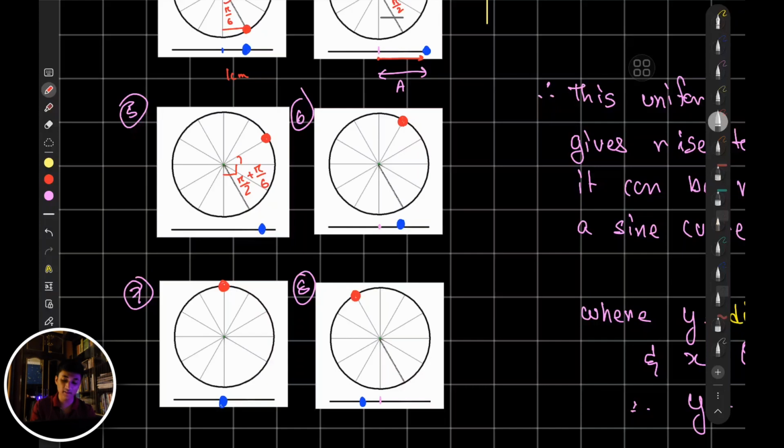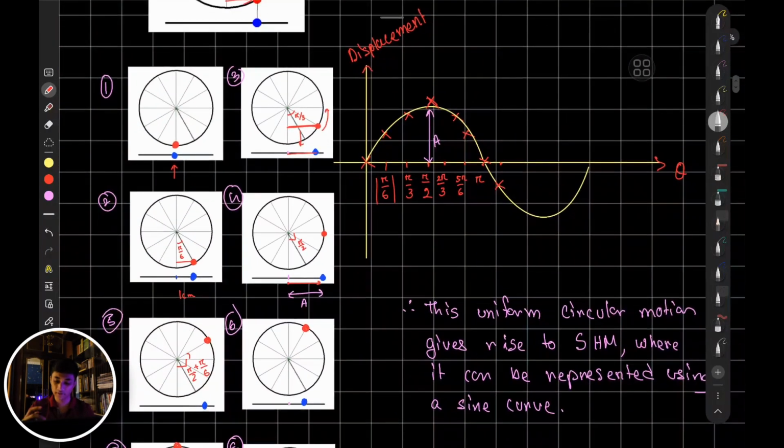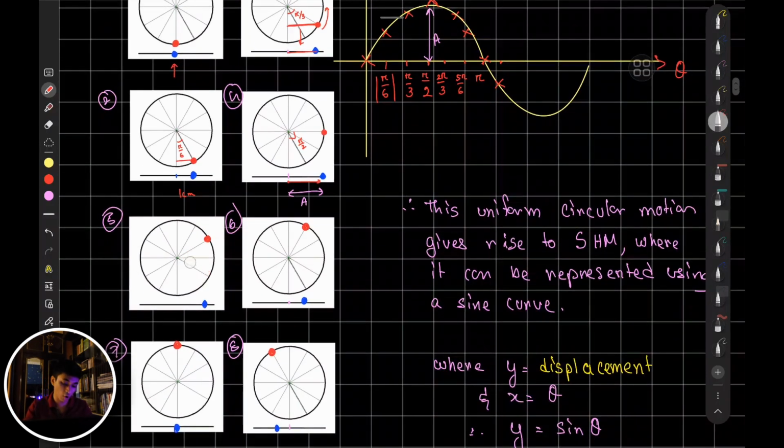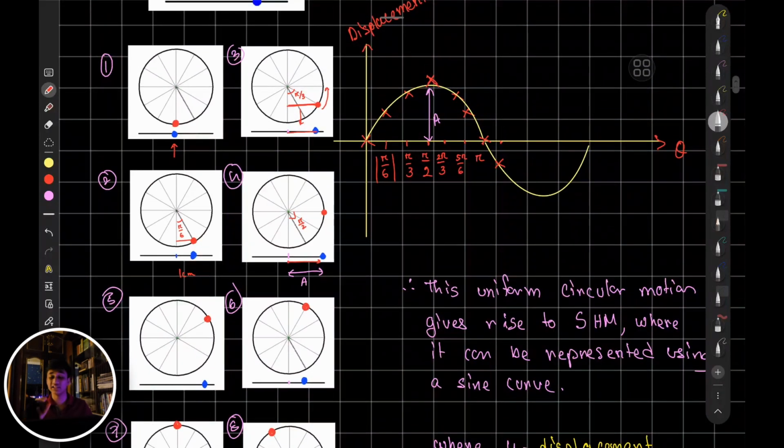So let's say again the displacement is going to be 1.7 over here. You can see the displacement is eventually decreasing, and if you continue with other positions, you will see eventually this makes a sine curve.